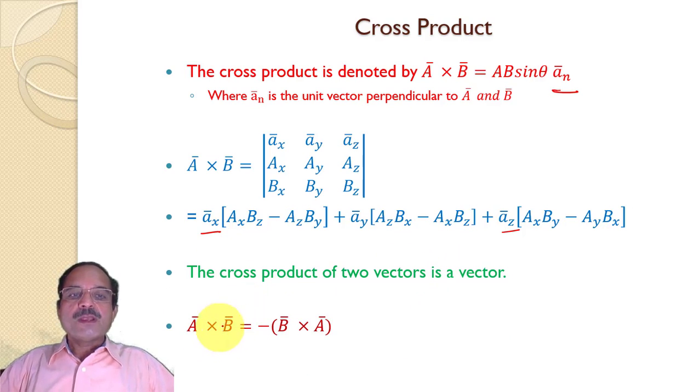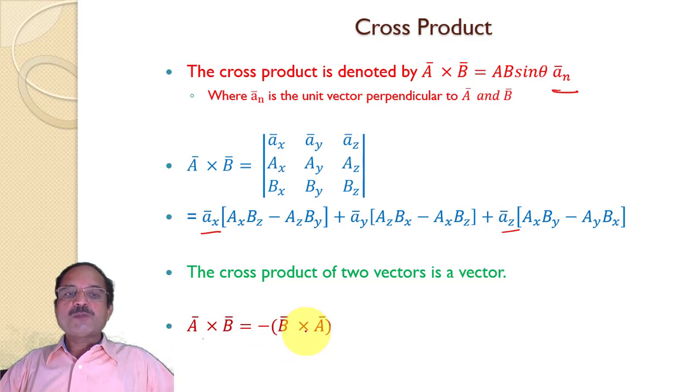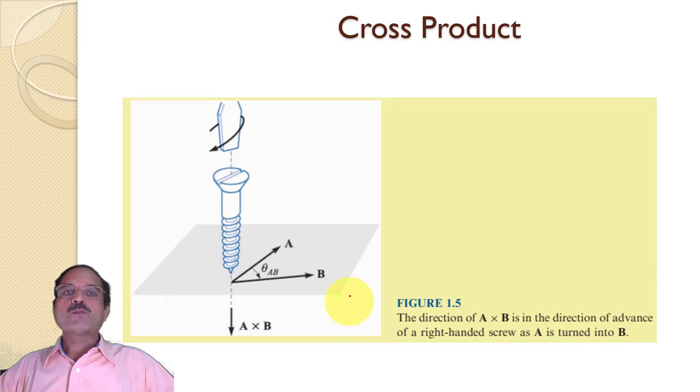The cross product a cross b is not the same as the cross product b cross a. The magnitude is the same, but the direction is opposite. So a cross b is equal to minus b cross a. If I have two vectors, a and b, the direction of their cross product can be represented by the right-handed screw.